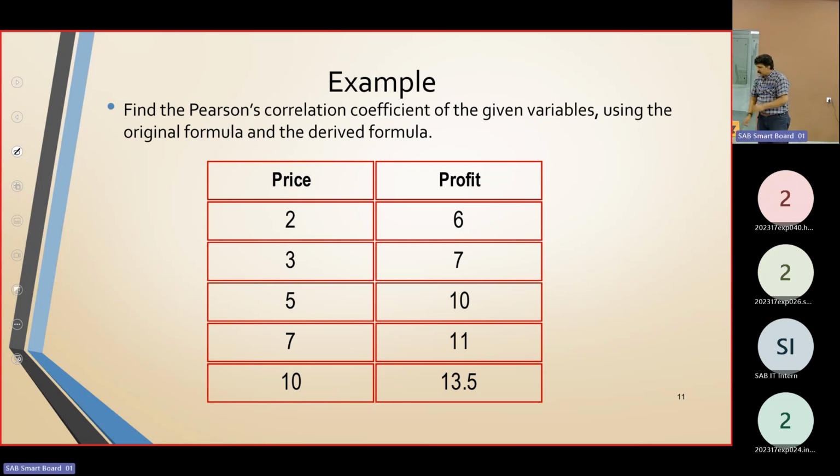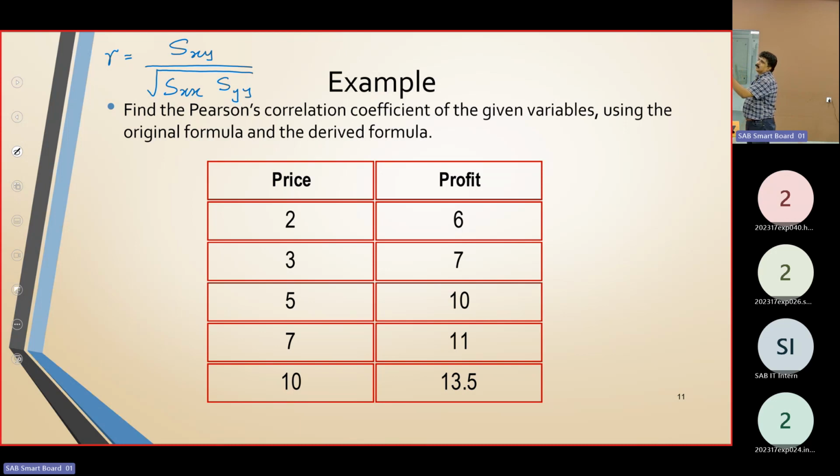So first we'll use the original version. The original version formula is r equals Sxy over the square root of Sxx into Syy.